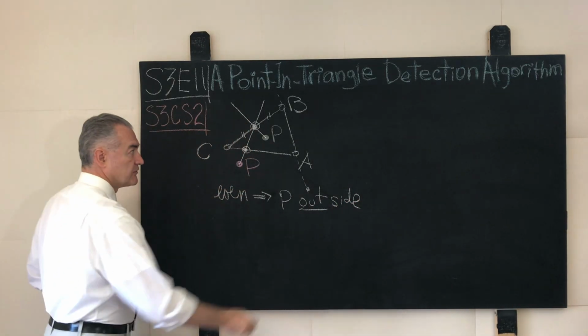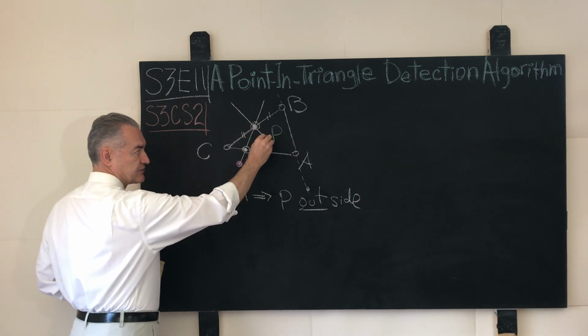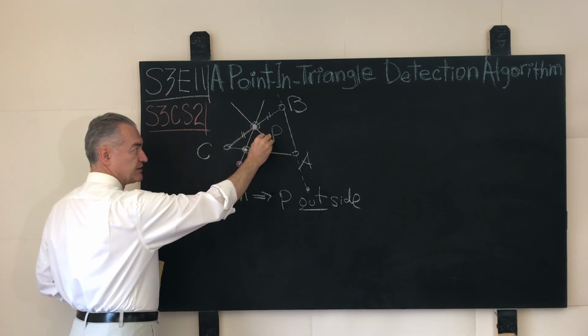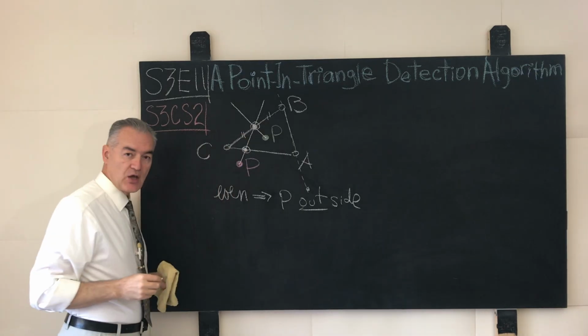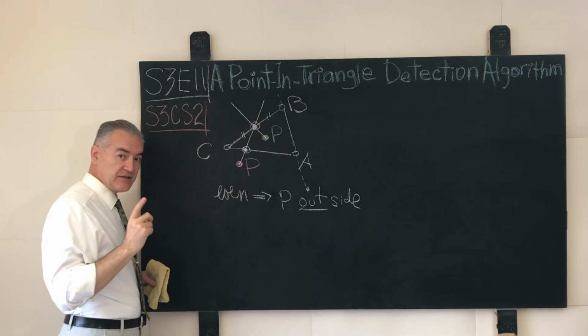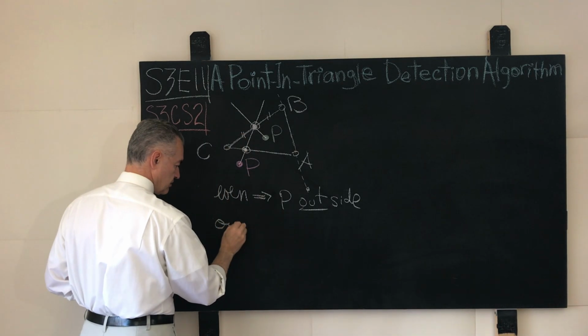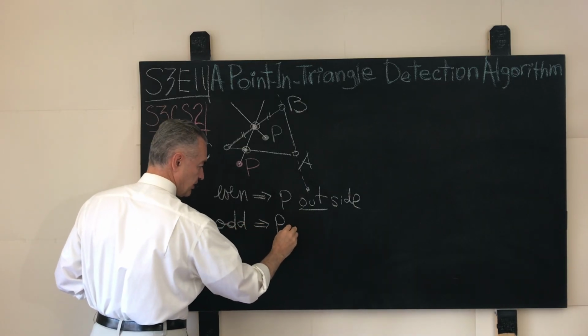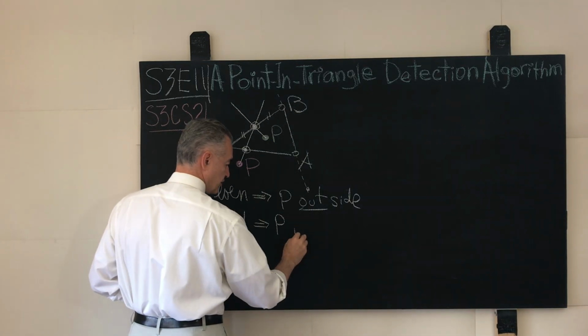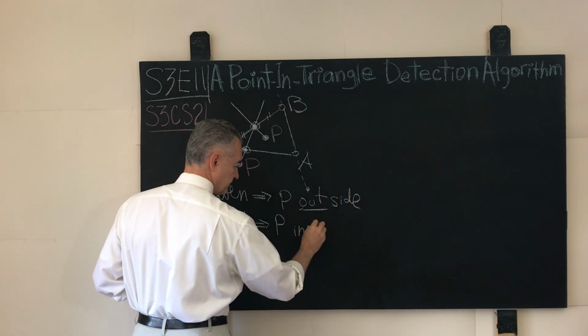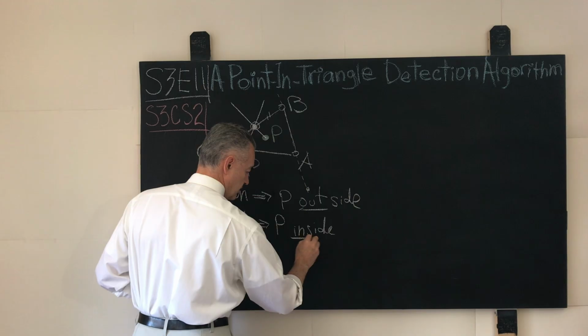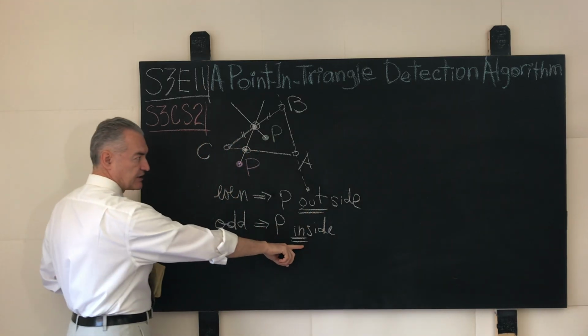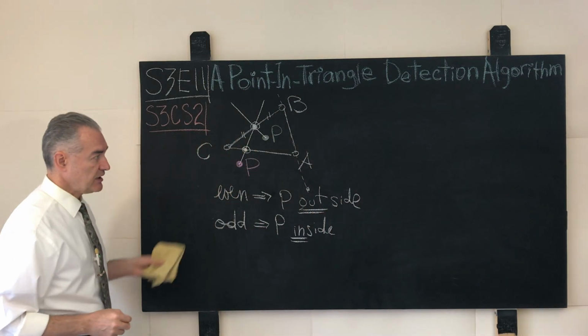And if the ray of light that emanates from the point of interest P intersects all the sides of the given triangle an odd number of times, then the point P is located strictly inside of the given triangle.